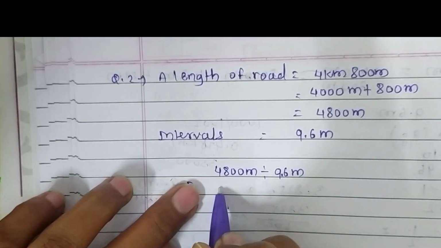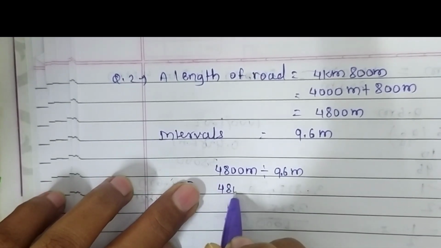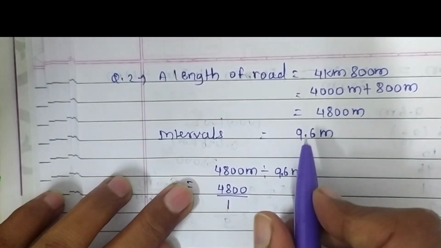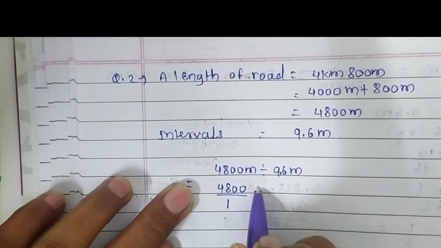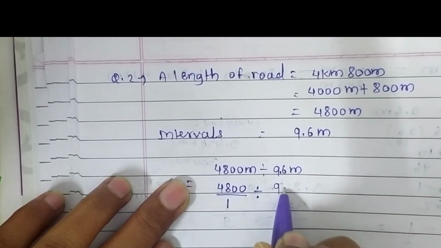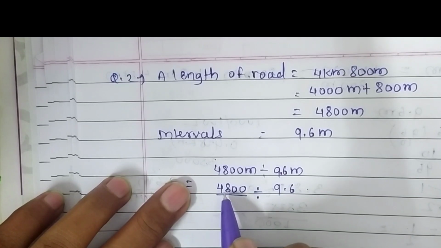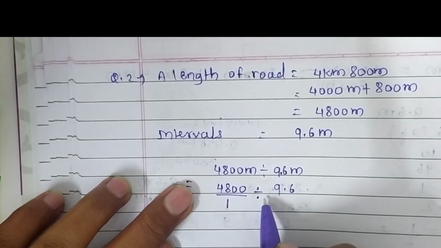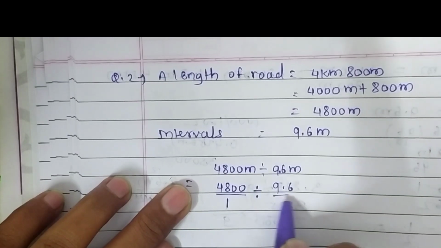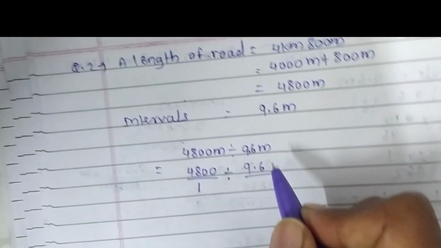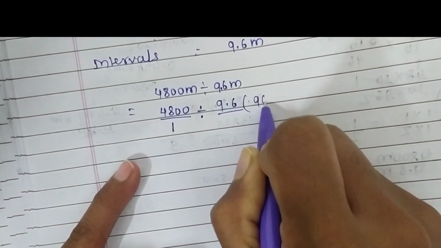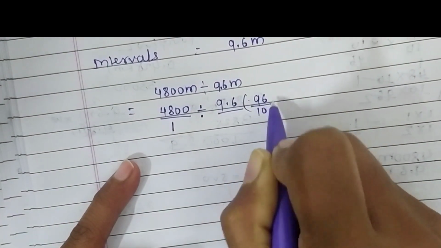Let's write it as a common fraction. 4800 upon 1, division sign, and 9.6 upon 1, here we have to write 96 upon 10.